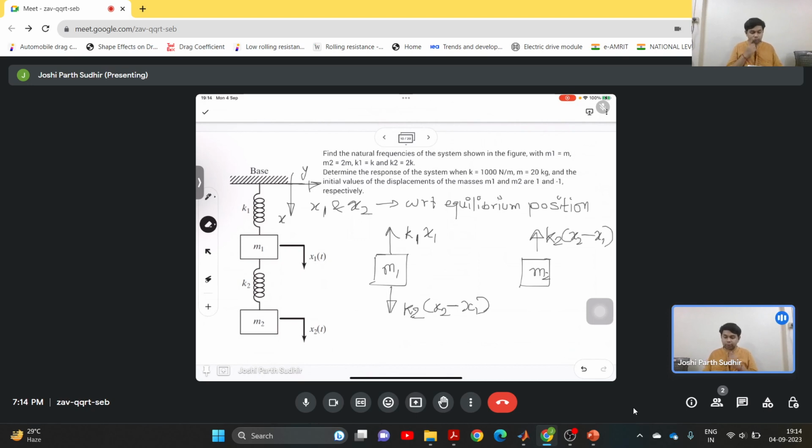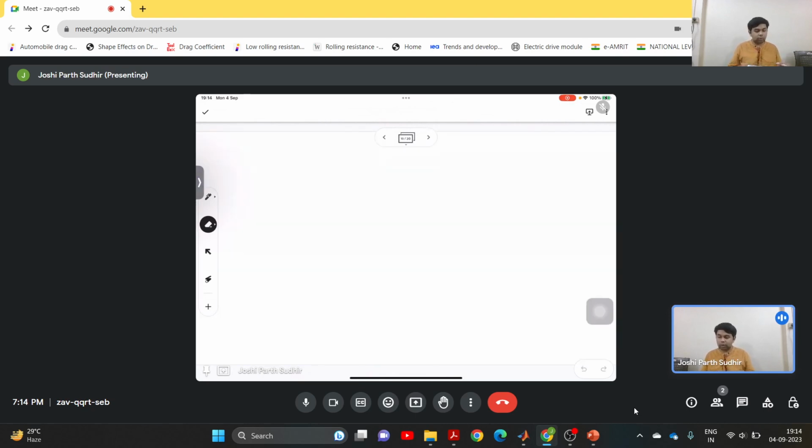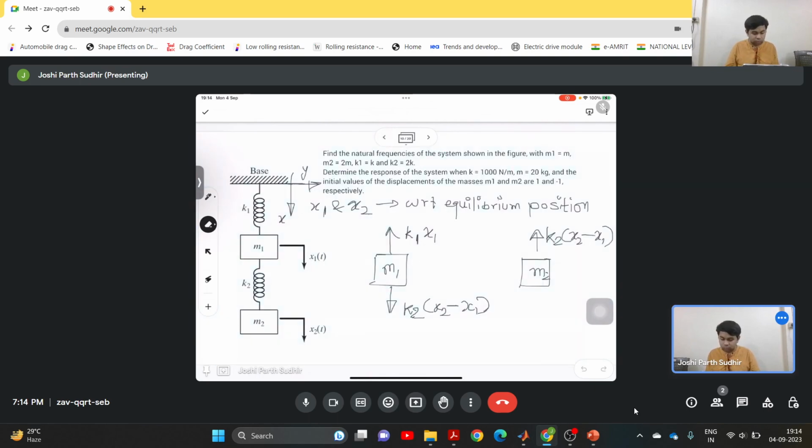Now the next step is to write down the equations of motion. We will apply Newton's second law to these systems, using our free body diagram.